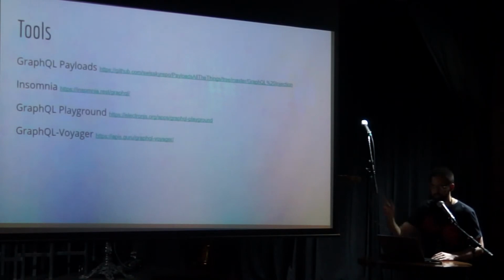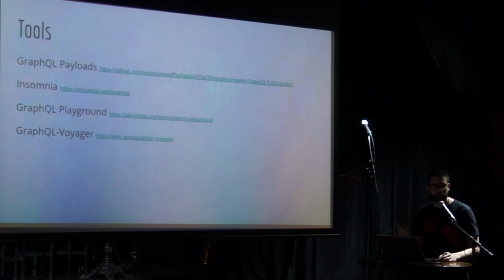They're available on the GitHub of Payloads All The Things, which has a massive word list for lots of different things, and also already has a word list for exploiting GraphQL. So it contains a few endpoints and a few words that will help you identify and find vulnerable GraphQL applications. You have Insomnia.